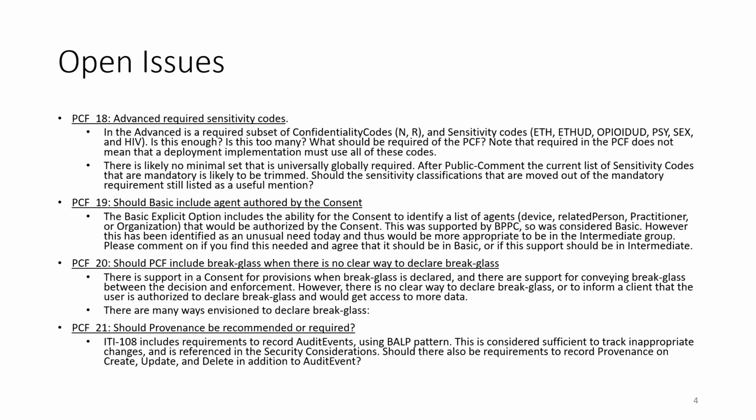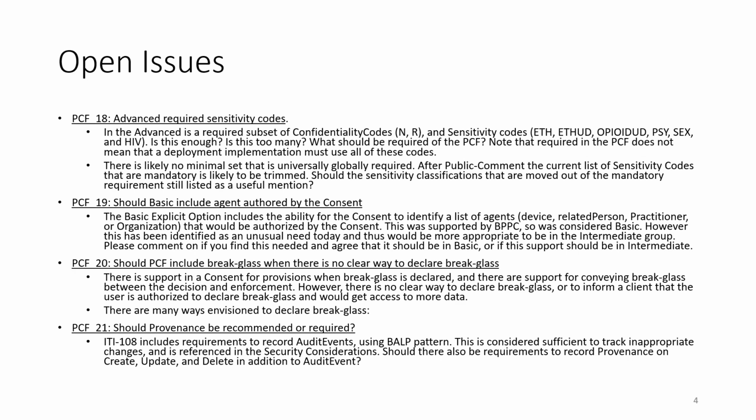So some open issues that we are explicitly requesting comment on during this public comment phase are the following four. Within the advanced option, we have a required subset of confidentiality codes, normal and restricted. We're kind of confident of those. And we have a subset of sensitivity codes, these high-level concepts. And what we're looking for is whether these are the right sensitivity codes.